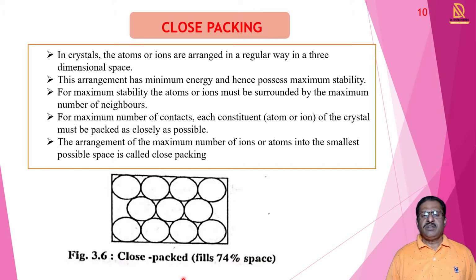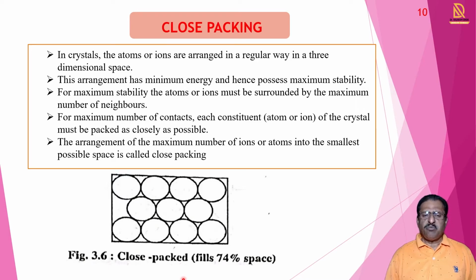This arrangement has minimum energy, and hence such an arrangement is the maximum stable arrangement. For maximum stability, the atoms or ions must be surrounded by the maximum number of neighbors, meaning that ions are close with each other.